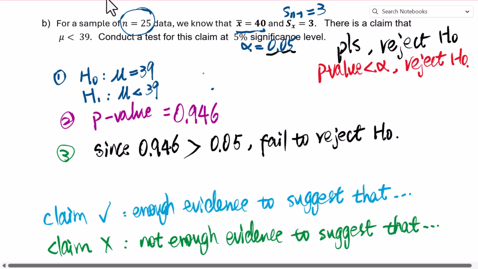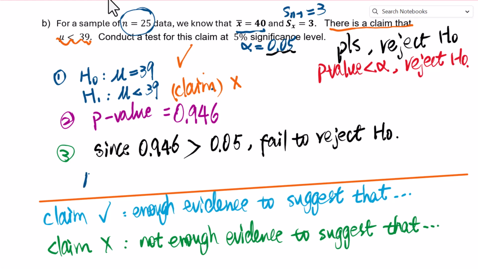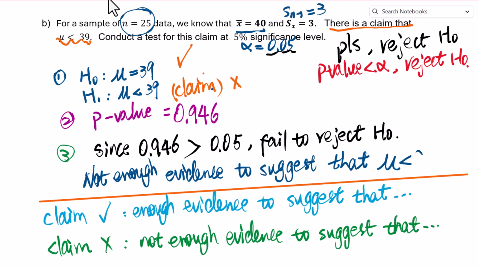In this question, from the given information, there is a claim that mu less than 39. So H1 is the claim. Fail to reject HO means this is good, this is bad. So your conclusion will be not enough evidence to suggest that mu less than 39.